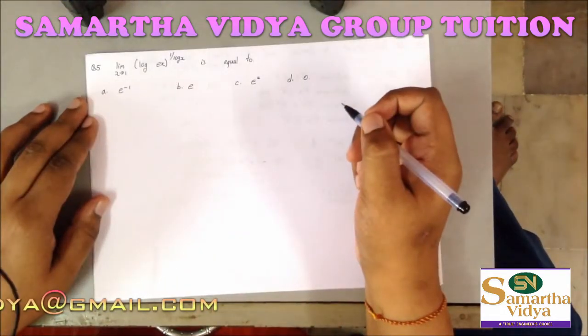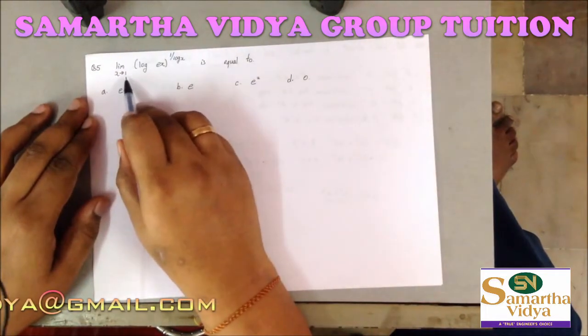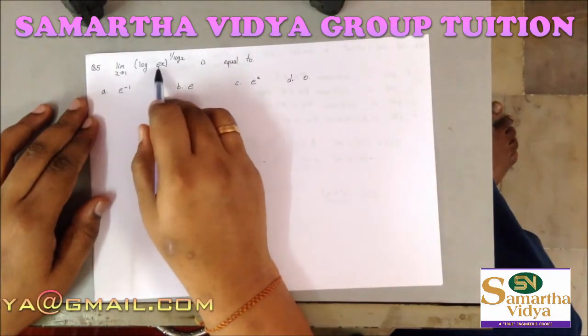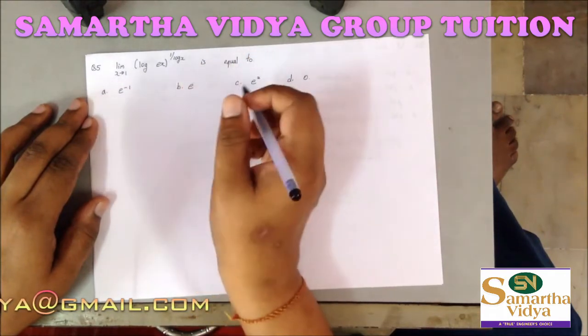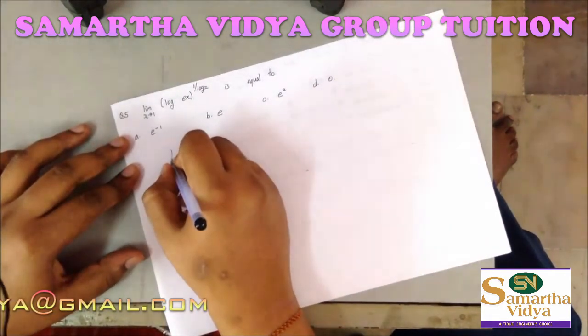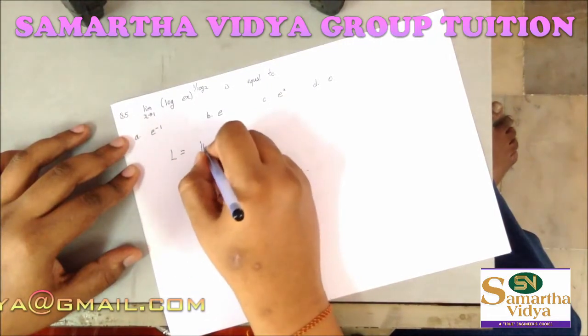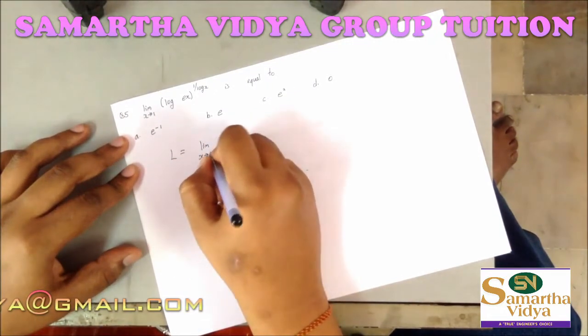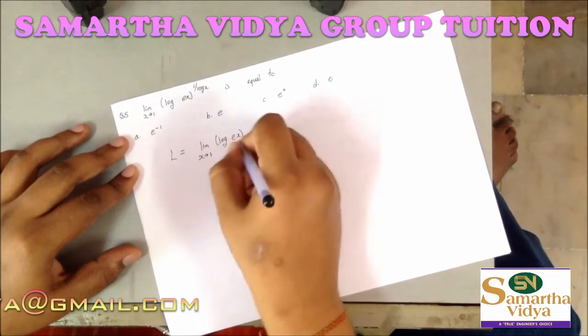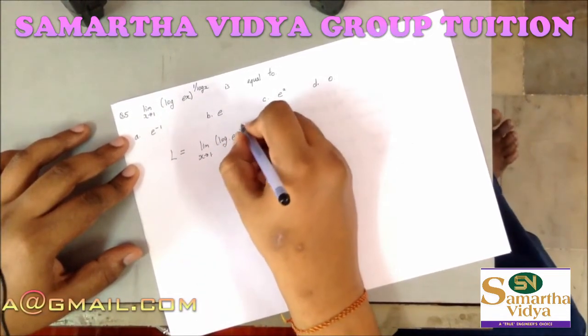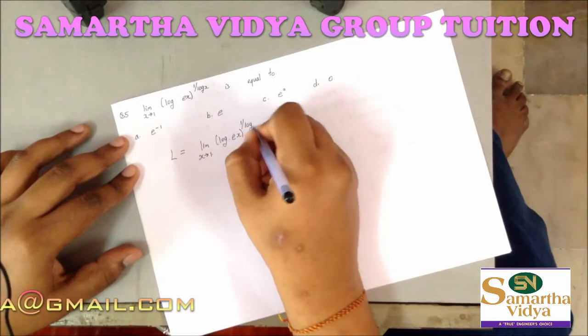Going for the next type of question, which is limit x tends to 1 of (log e^x)^(1/log x). So let us say that L is equal to limit x tends to 1 of (log e^x)^(1/log x).